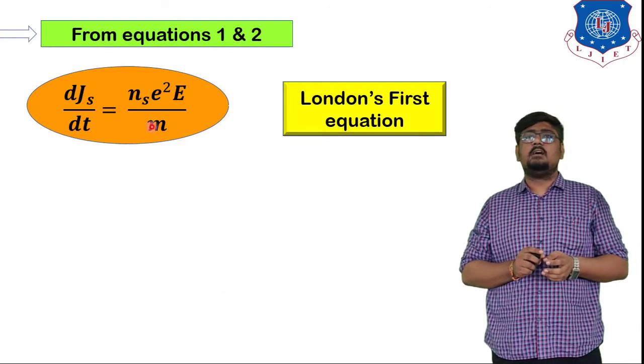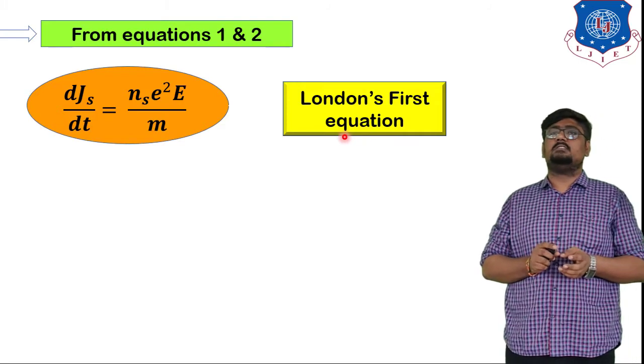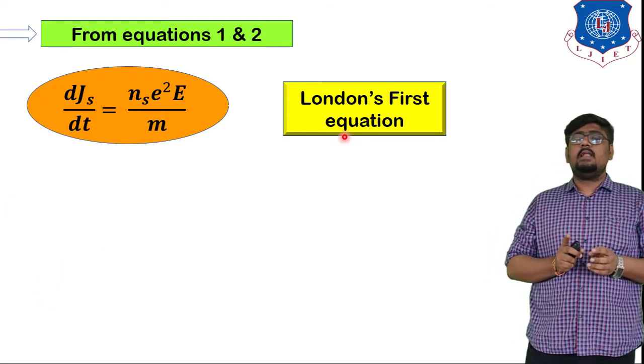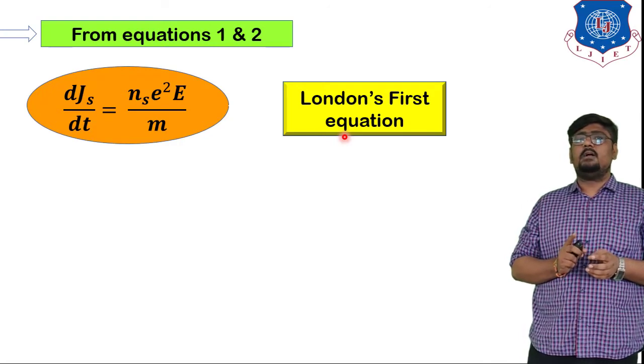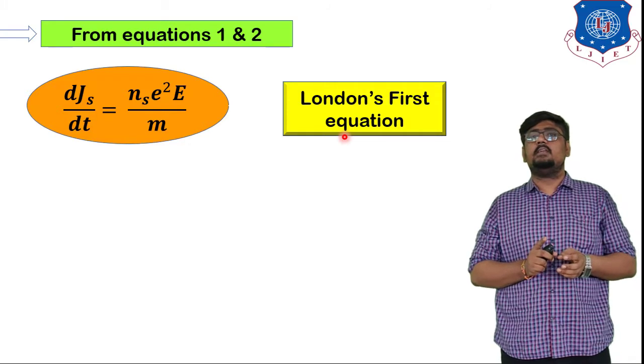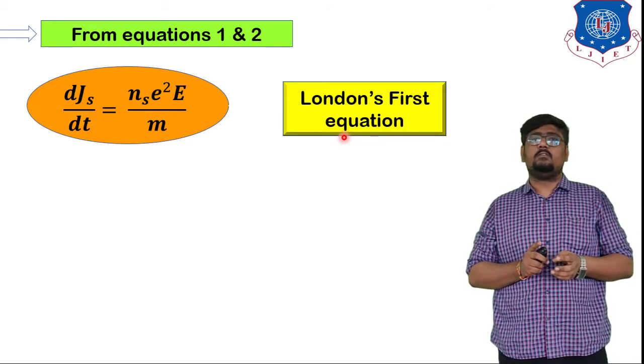Let us call this the third equation, and this is nothing but London's first equation. Remember this: del Js by del t equals Ns e square into E by m. This is London's first equation.